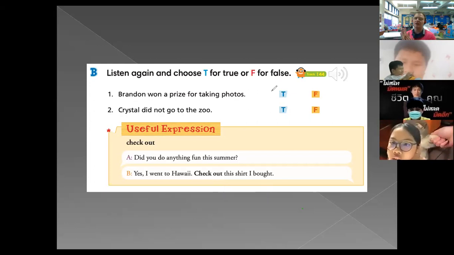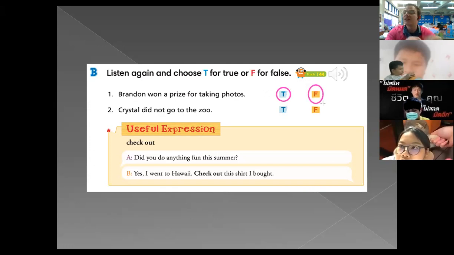Anyone take a guess, either true or false. You think it's true? Okay, we can highlight it and we'll see at the end. False. Okay, so we have a true and a false. Let's see at the end which one is correct. And the second one, Crystal did not go to the zoo.